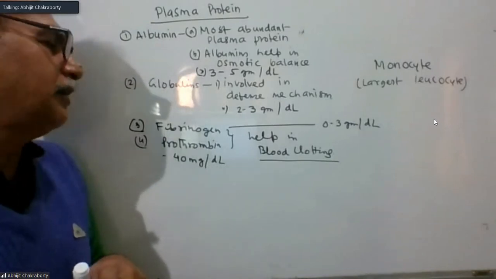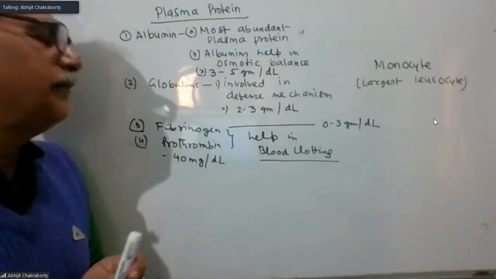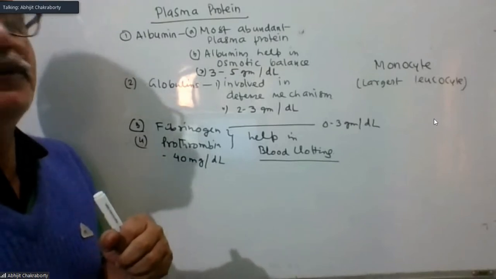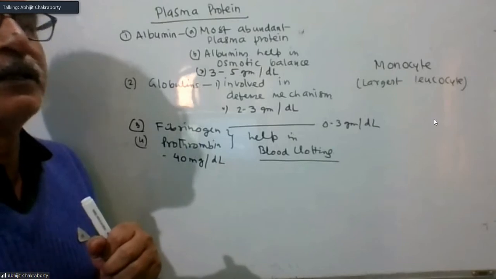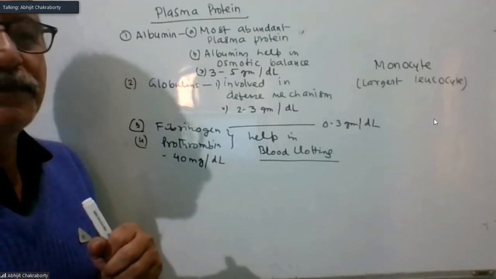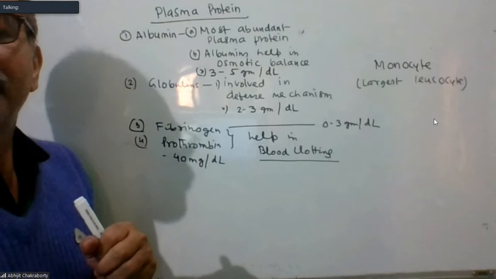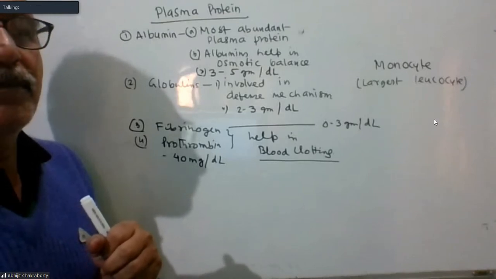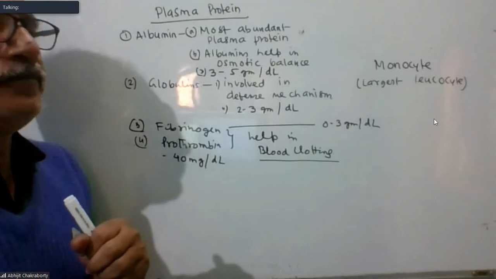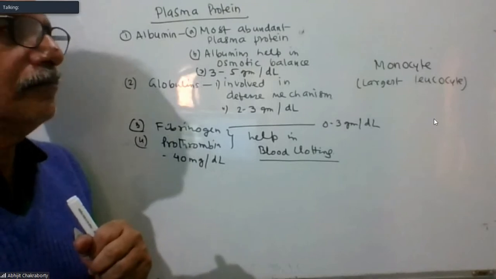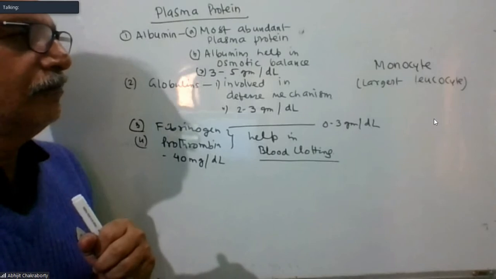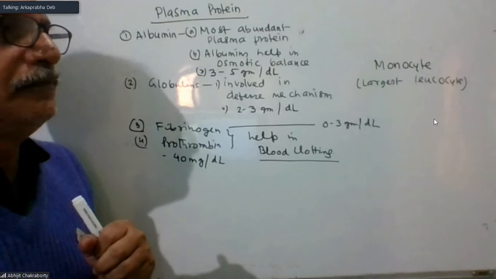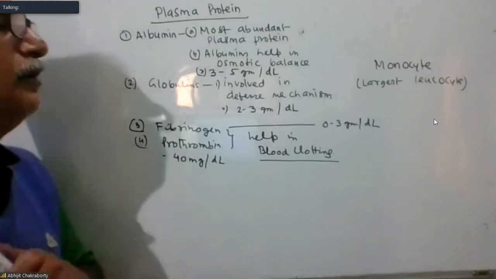In the blood coagulation mechanism, fibrinogen and prothrombin take part. Clear? Yes, sir. Okay.